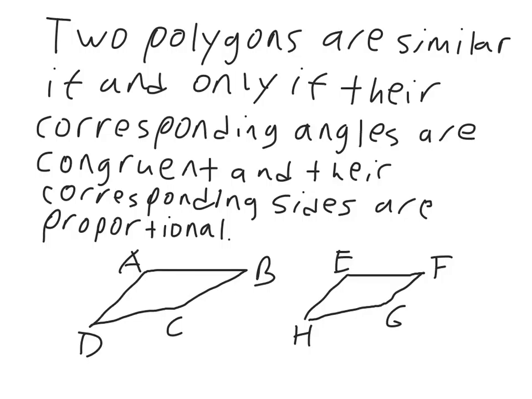What this means is two polygons are similar if and only if their corresponding angles are congruent.